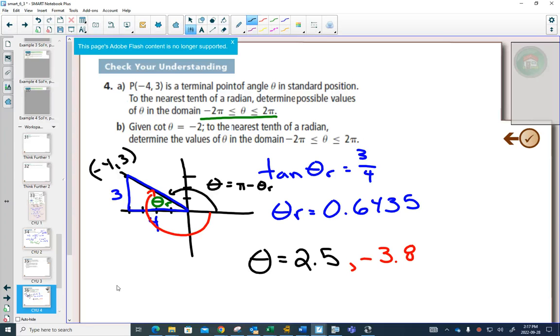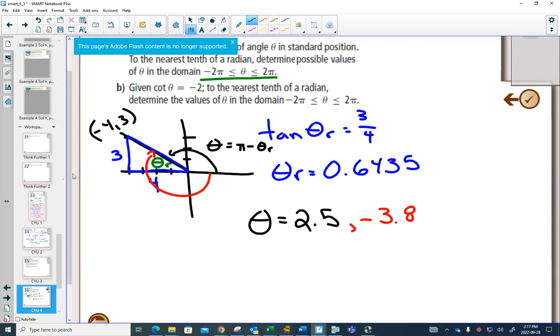In part B, they say, given cotangent of theta is equal to negative 2, here I would switch it right away to tan, and here I would flip the fraction to 1 over negative 2. According to your CAST rule, where would that be?